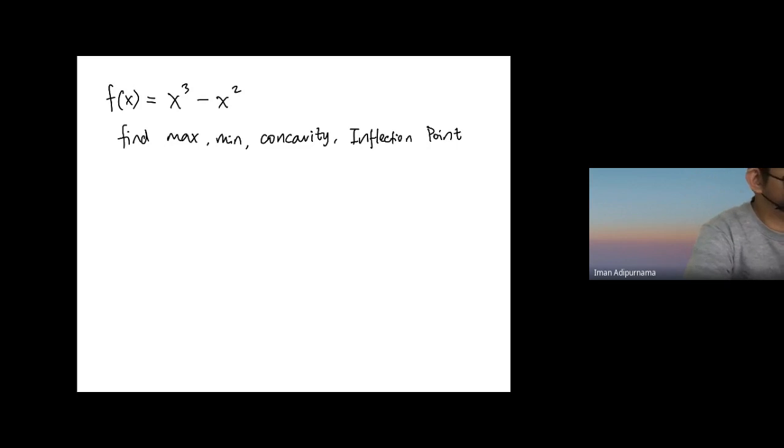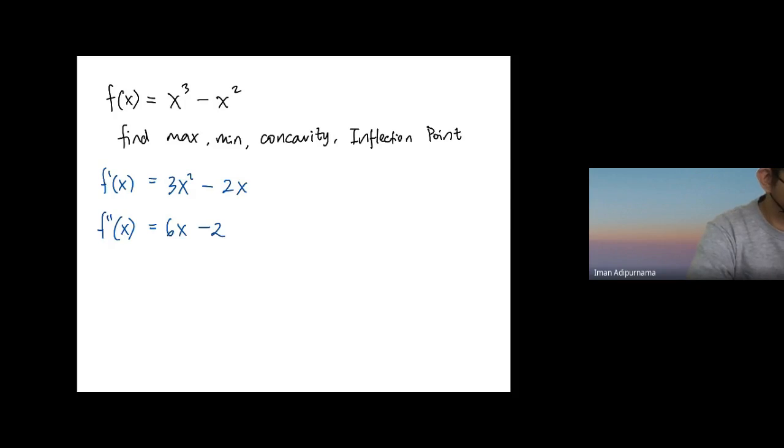Okay, we start with simple functions first. If you want to directly use the first and second derivative, we get f prime x is 3x squared minus 2x. And the second derivative will be 6x minus 2.